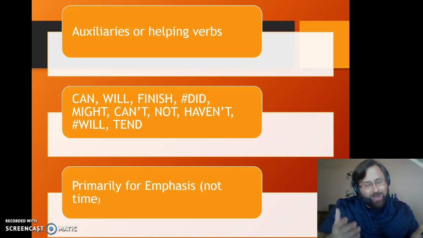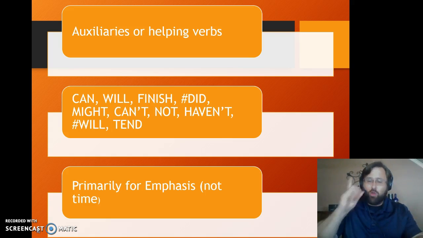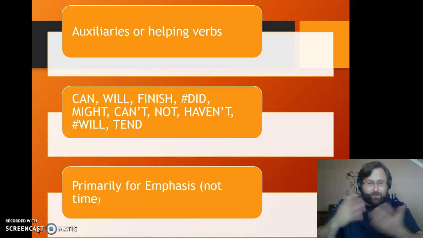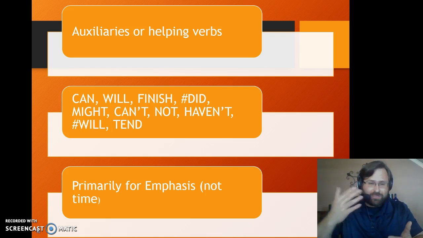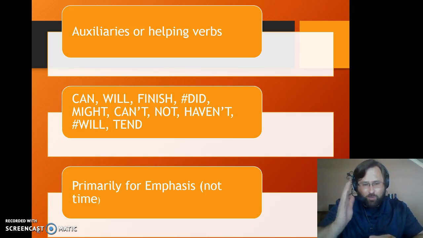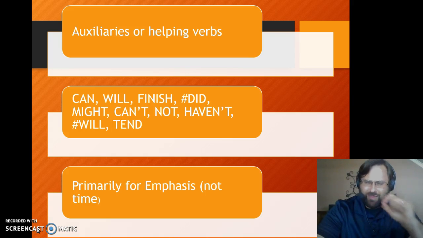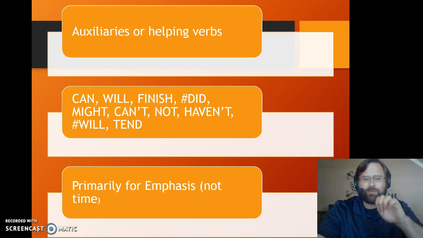You would only add one of these auxiliaries if you wanted to emphasize that it finished, it did happen, or that something was accomplished. The same with events in the future. You can establish the time and talk about it without needing to continually sign the sign will. You would only use the sign will if you want to emphasize that it will definitely occur. So remember, think of these auxiliaries as being primarily related to emphasis, not primarily related to time.